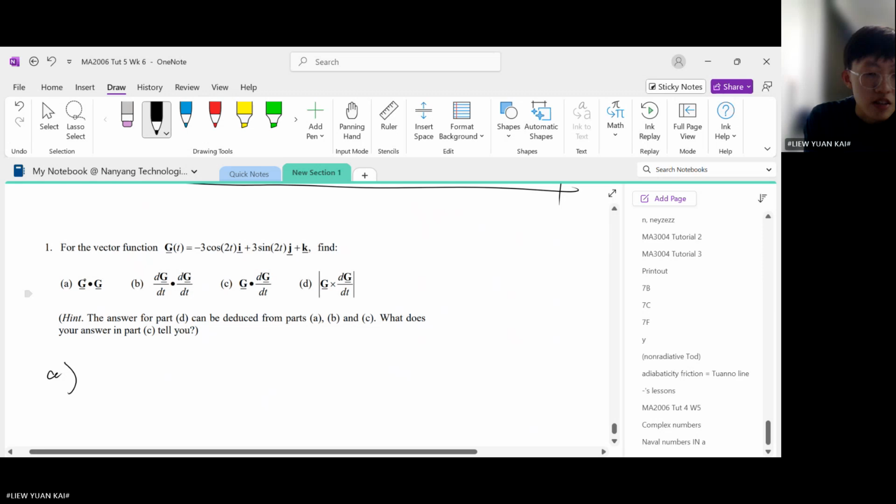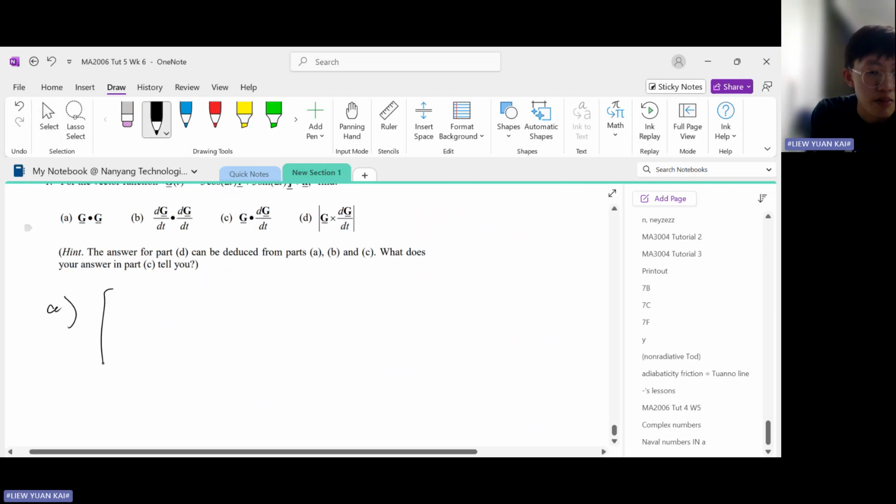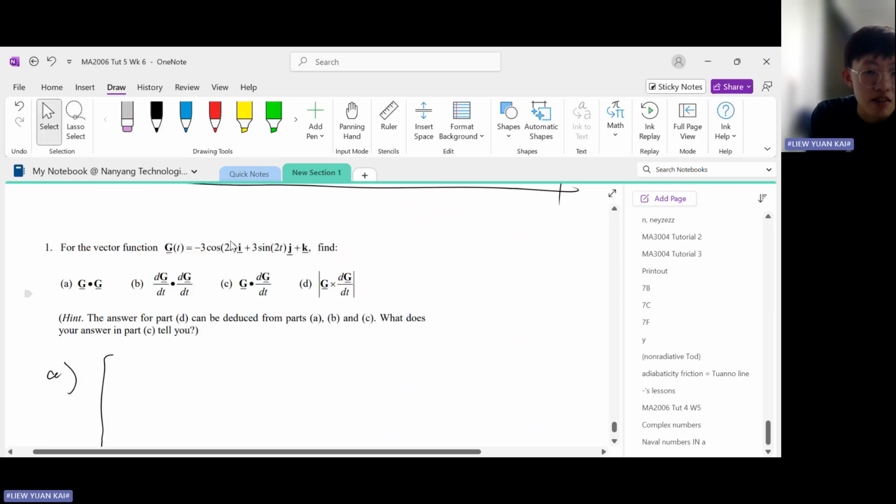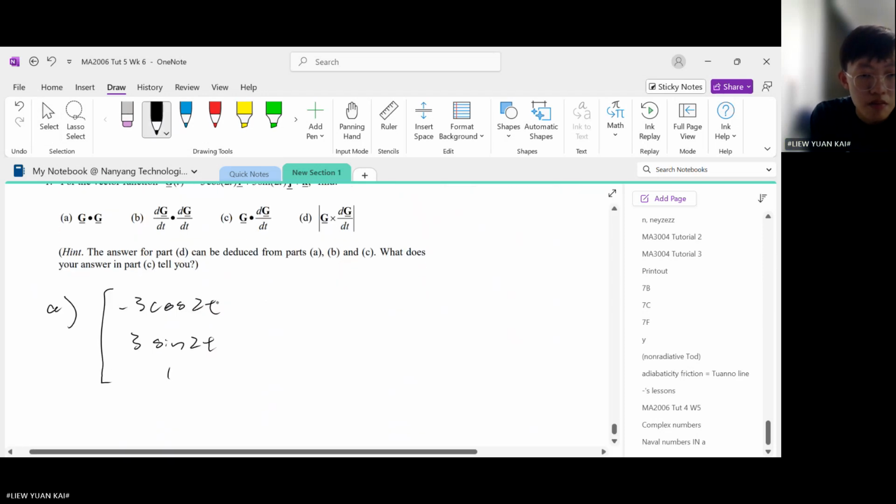So g dot g, meaning we need to dot product itself. So let's write in column vector form because I like to do dot product in column vector. It's very easy to see that way. So fill in each entry with the i entry, the j entry, and then the k entry. Then do the same thing because it's g dot itself.